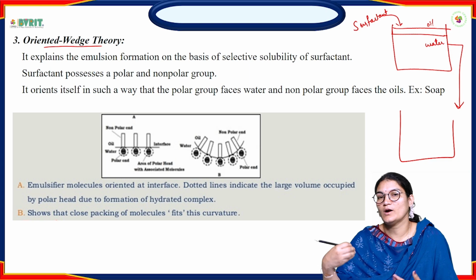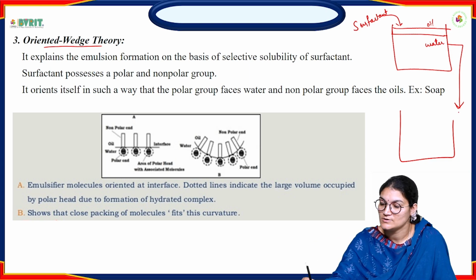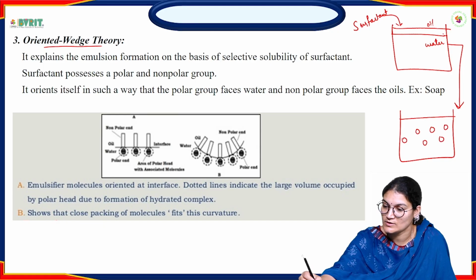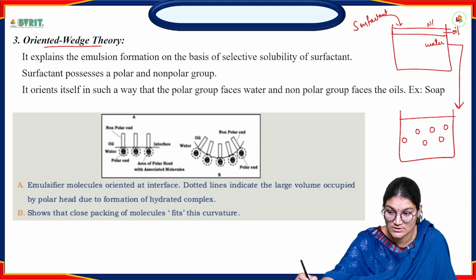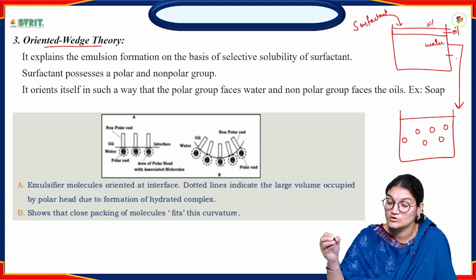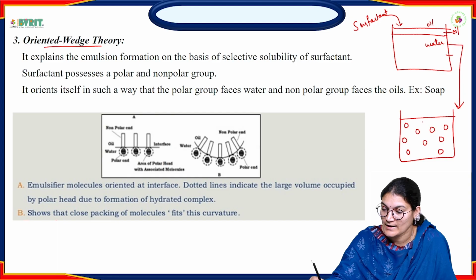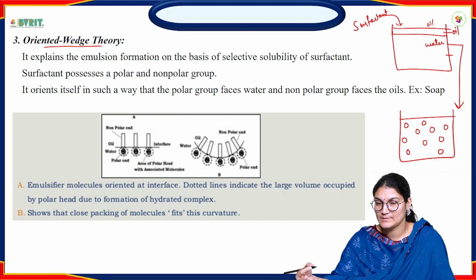Surfactant, soap or emulsifying agent, all are the same. If I add a surfactant, then the oil tries to form globules, because here you can see oil is a little lesser compared with the water. So oil tries to form globules in water, but as you know, this is unstable.